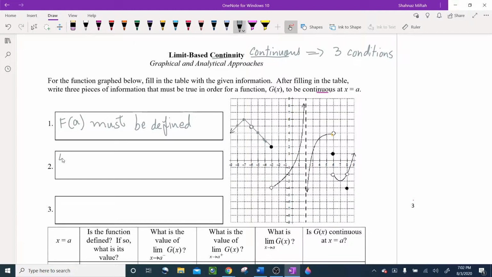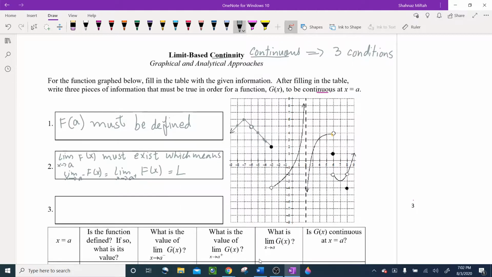Next, second condition, limit x approaches a of f of x must exist. So these are the three conditions that we have to have in order to say the function is continuous. Exist, which means limit x approaches a from the left of f of x is equal to limit x approaches a from the right of f of x, and both left and right limits are equal to the same y value.